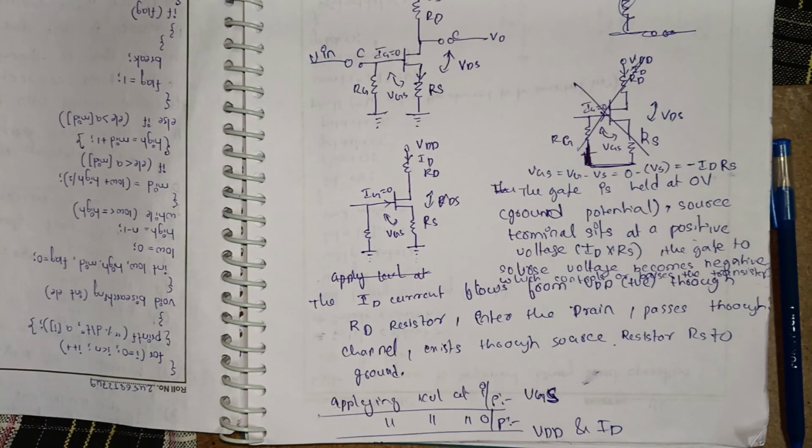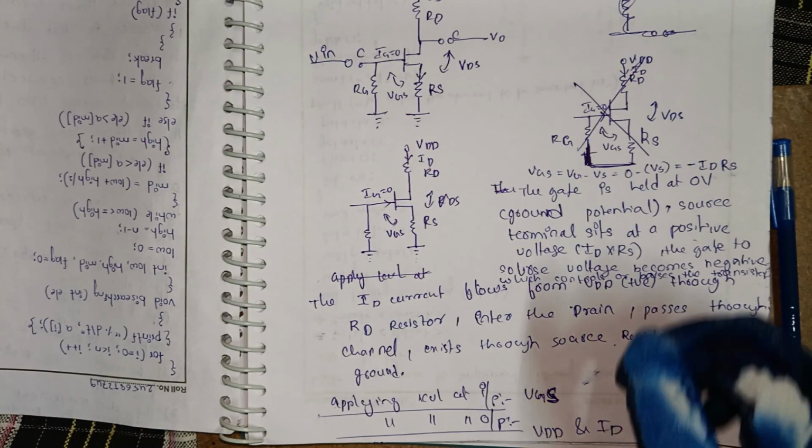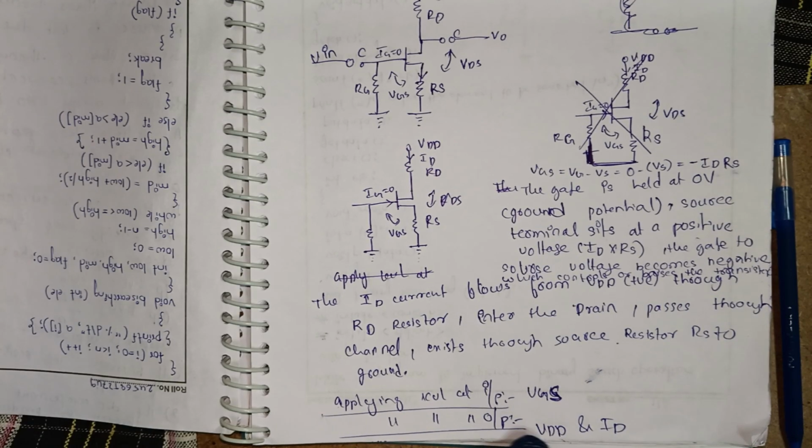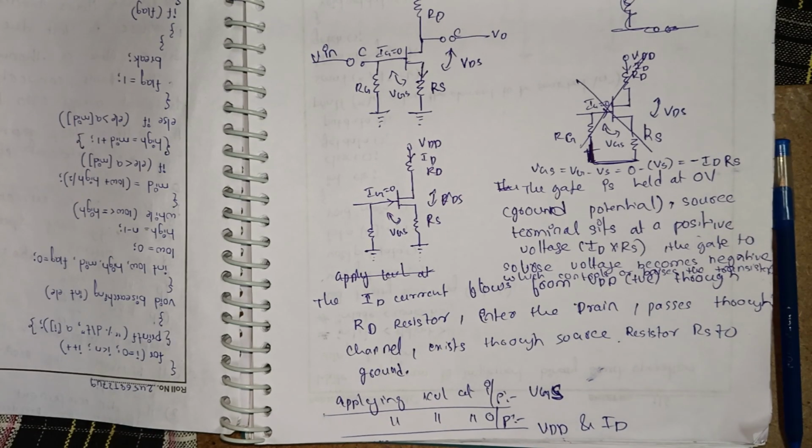So by applying KVL at the input side we got the VGS value, and by applying KVL on the output side we got the VDD and ID value.